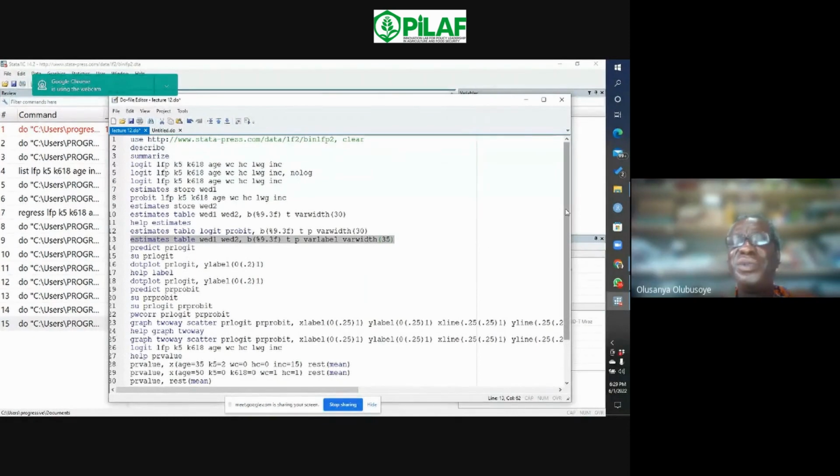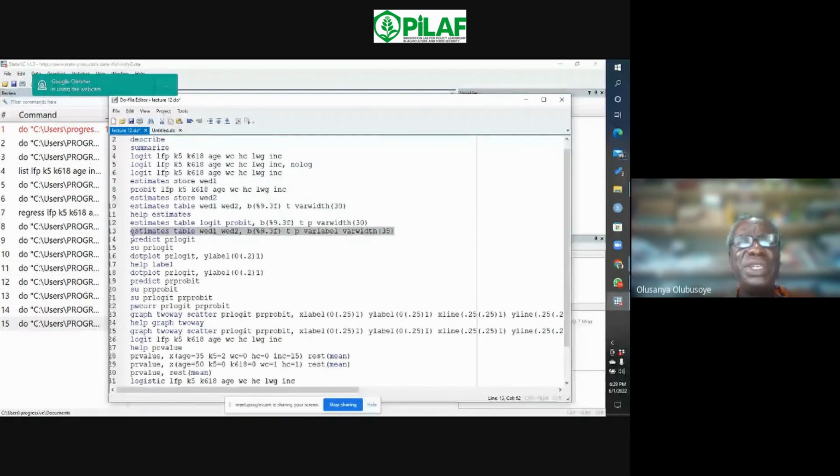Excellent. So now we can predict the probability, and the command for predicting the probability is what you see there. To predict the probability, you simply click predict, and then give it a name, here PR logit.